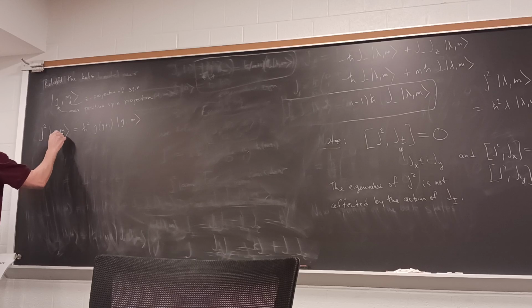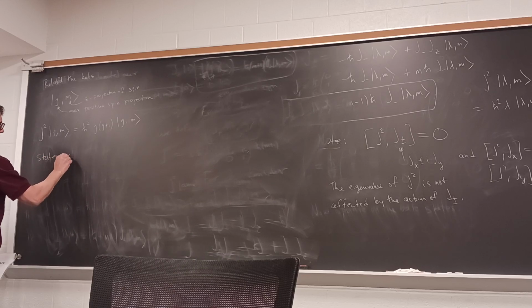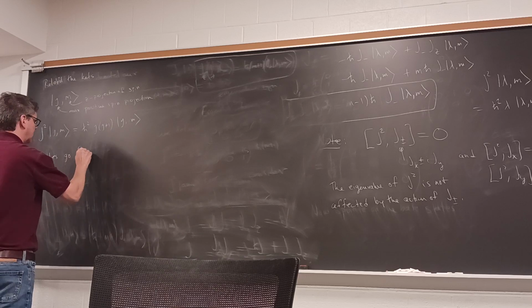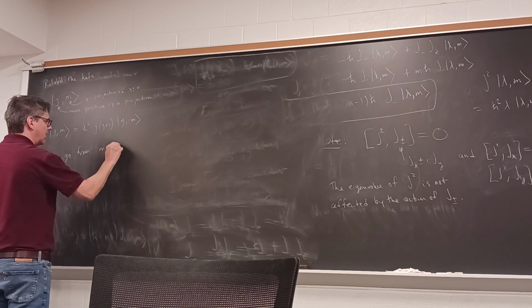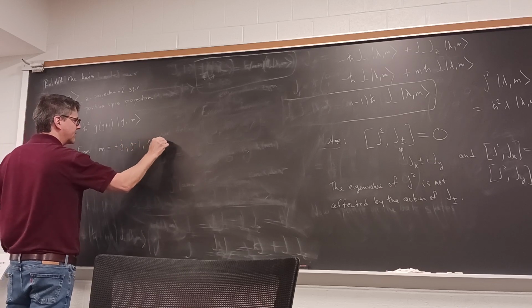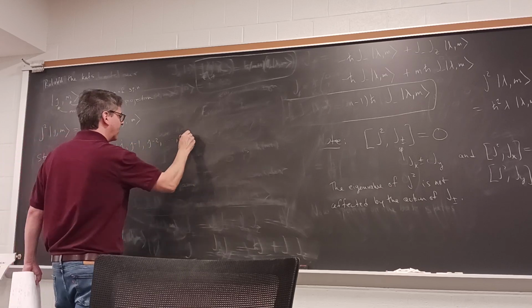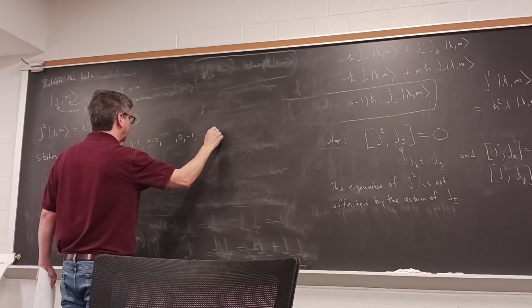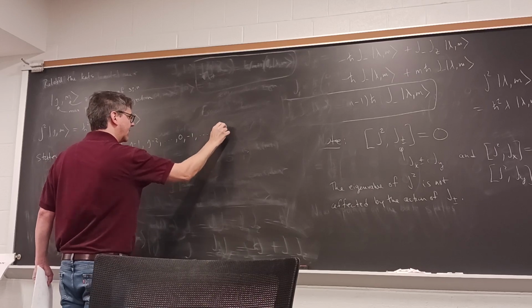And our states go from plus j, j minus 1, j minus 2, down through 0, minus 1, down to minus j.